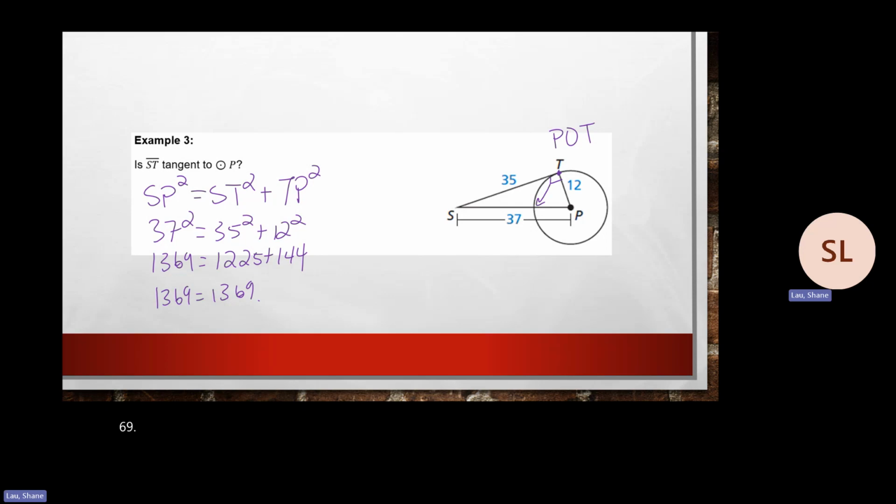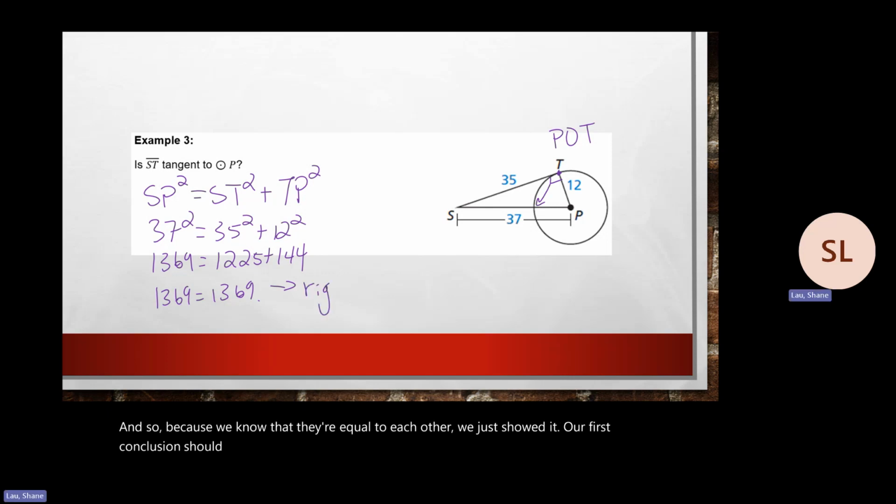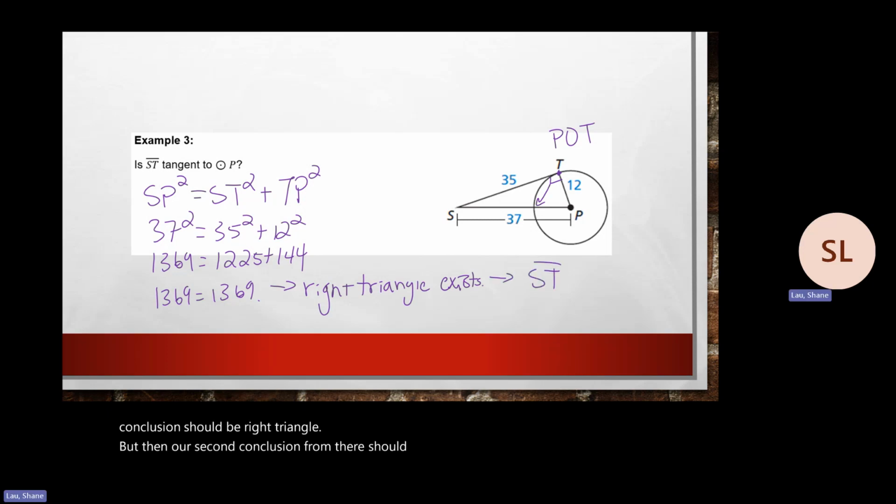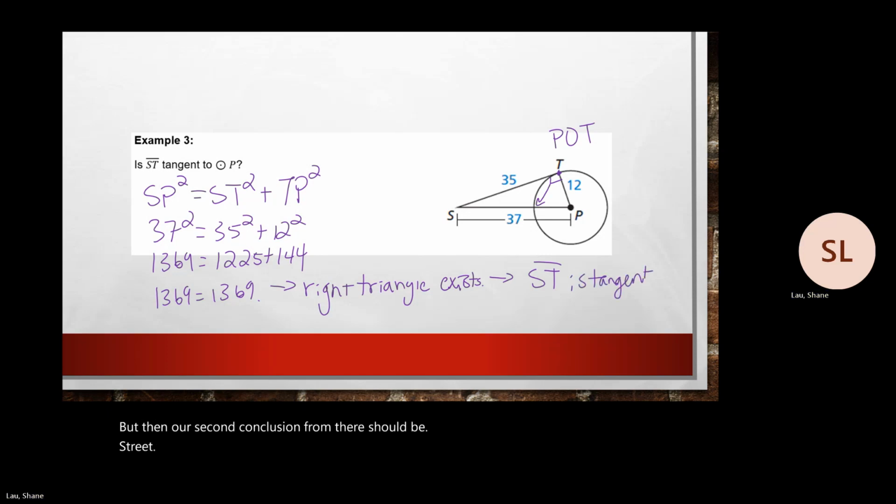And so, because we know that they're equal to each other, we just showed it. Our first conclusion should be right triangle exists. But then our second conclusion from there should be ST is tangent to circle P. Okay.